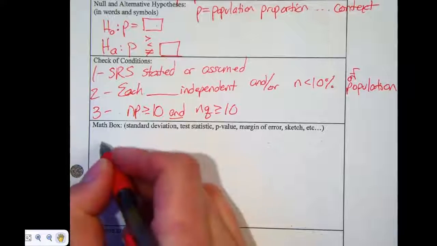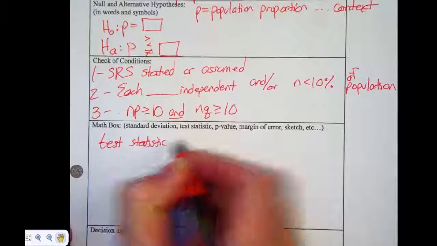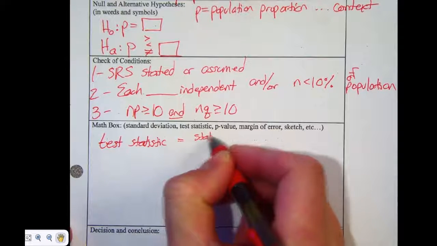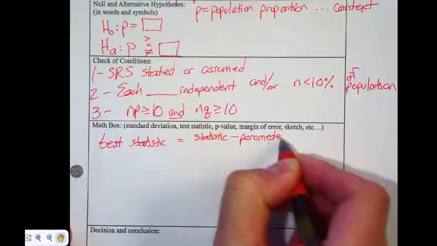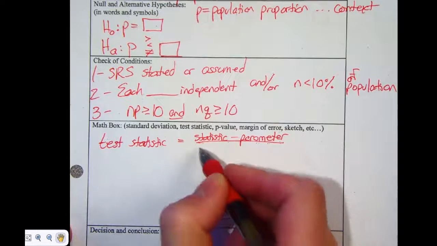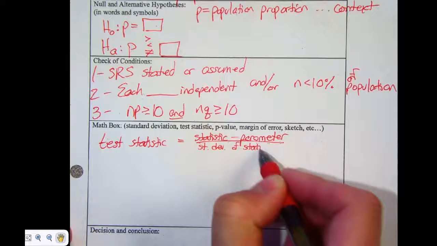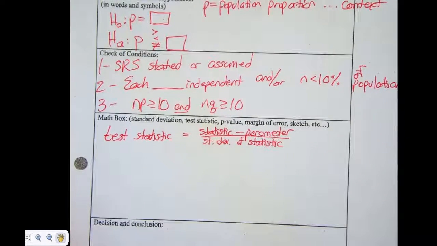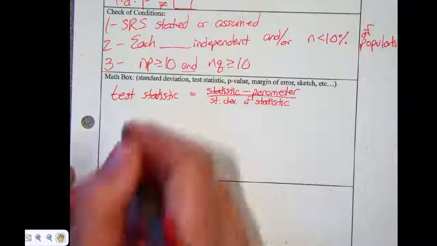Alright, so test statistic equals statistic minus parameter over standard deviation of statistic. Same exact thing as before. Is the test statistic in this case T or Z? Z. Why?